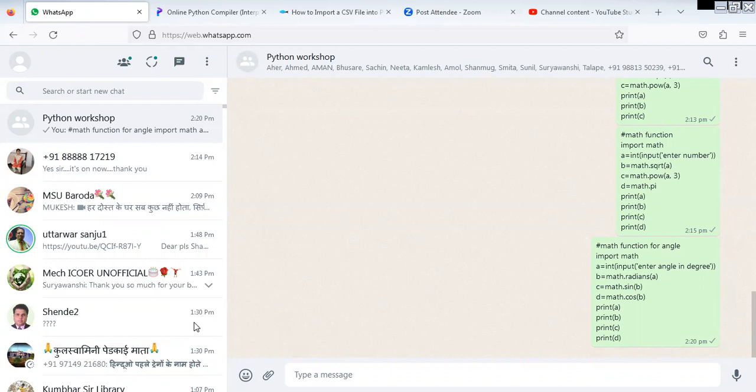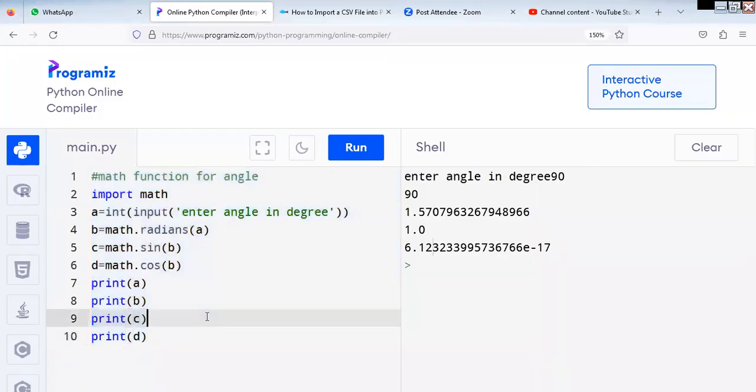Then we'll move to the functions. Now, before going to function, let us make this with more syntax. The D is not properly printed, so we'll have some syntax here.